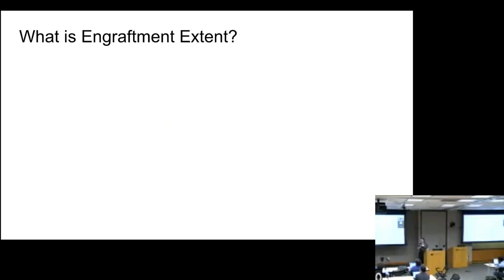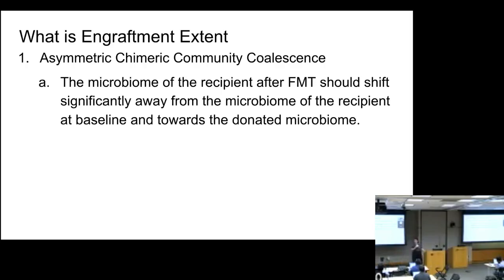So I'm throwing around this term engraftment extent a lot, and I'm going to define what criteria I think are needed to prove engraftment extent and what it means. Engraftment extent boils down to how much the microbiome engrafted, but there are a lot of criteria that you need to look at to answer this. My first one is a mouthful: asymmetric chimeric community coalescence.